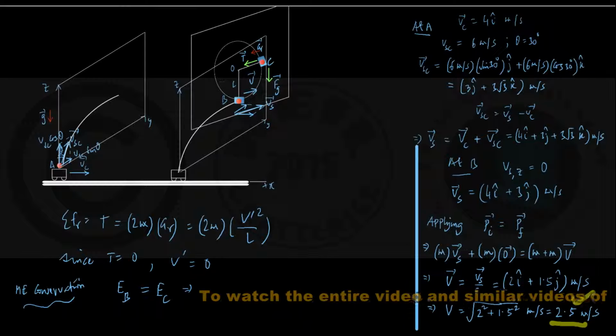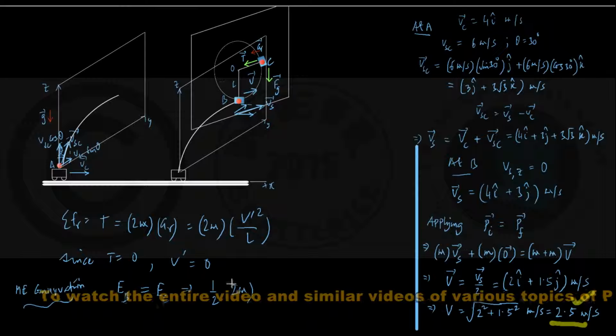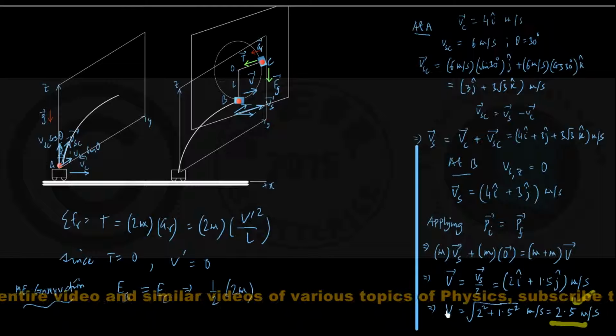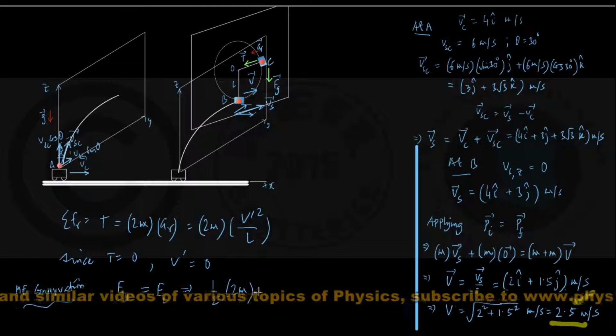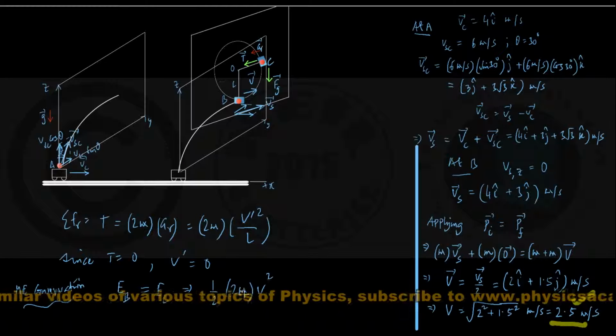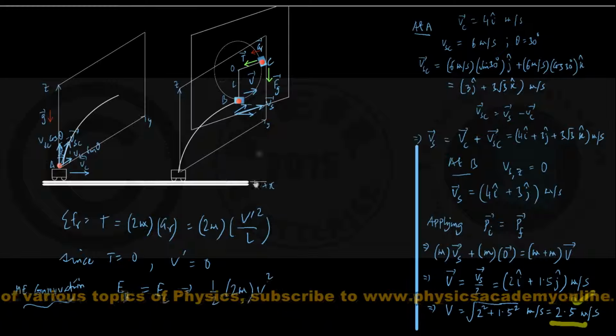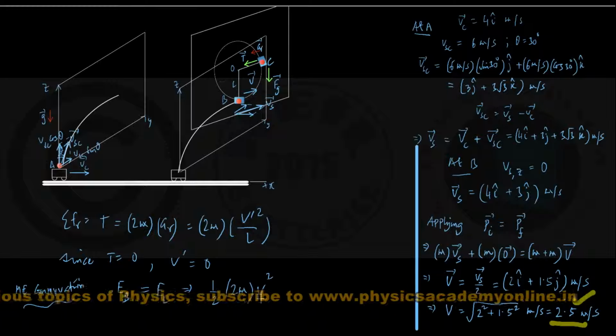The kinetic energy that is given by half into the mass of the combined body, that is twice m, the speed at the lowest position B that was already found to be capital V, 2.5 meter per second. So I'm writing this V only here, that is V square. This is kinetic energy of the system at point B. Potential energy is assigned a value of 0 at this position B.